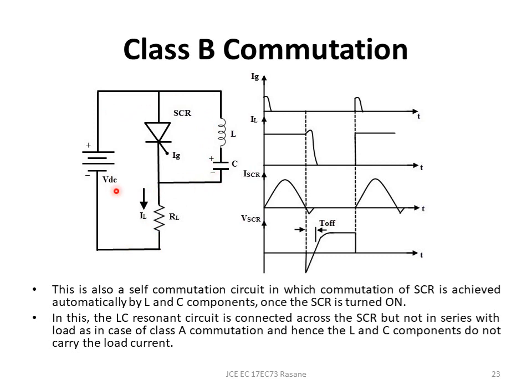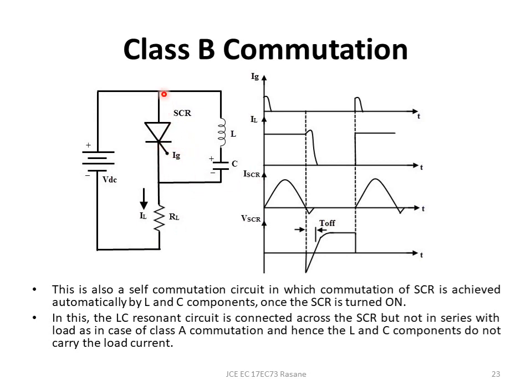Okay, now when is the SCR going to be triggered? At this point. So here you can see the waveforms. This is basically the gate current waveform. This is the load current that is flowing through RL. ISCR is the current that is flowing through the SCR.